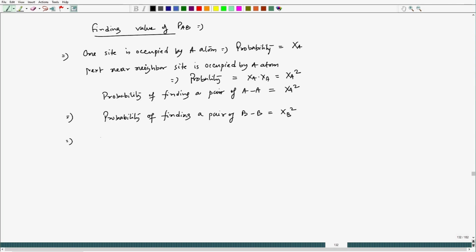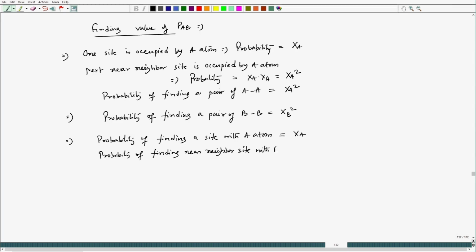Now, if we try to find out the probability of finding a site with A atom, equal to XA, the probability of finding its next neighbor site with B atom would be equal to XB.